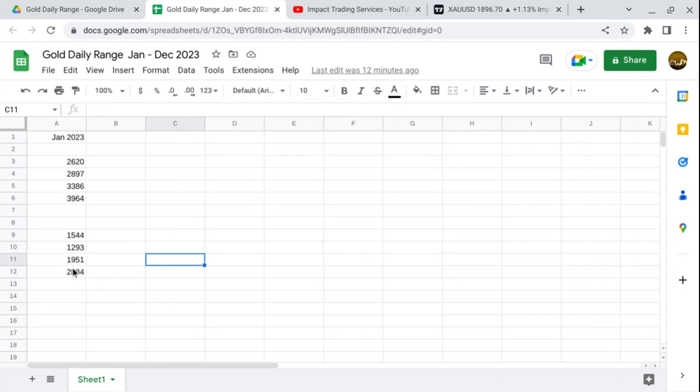Now this day on the 12th is exceeding these average days. The longest day that we had in pips was 4,000 over here. Then we have a 2826 over here.